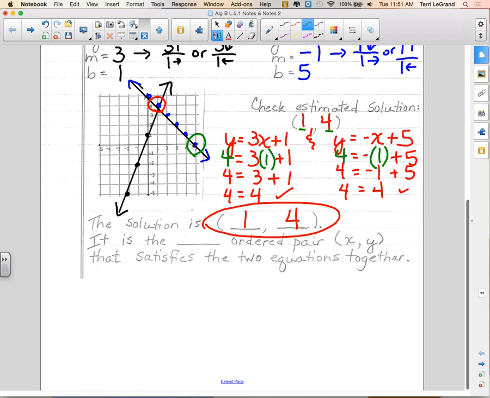It might make one of them true, but it can't make both of them true if it's not the point of intersection. And the one I circled is not the point of intersection. So in this case, because we do have one point of intersection, we should only come up with one ordered pair answer. It's the only solution to this. Okay.